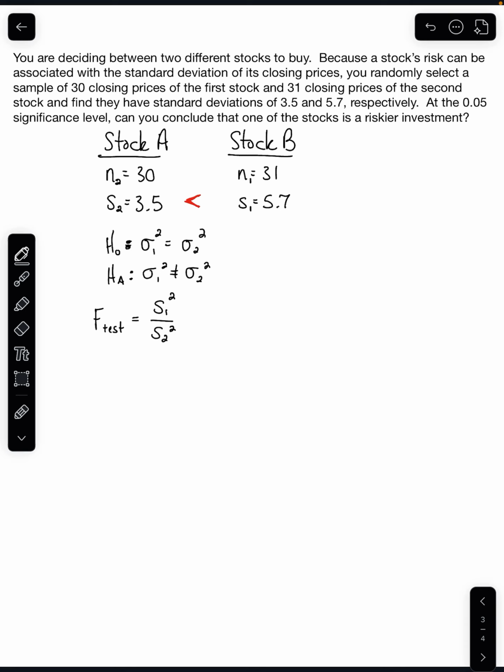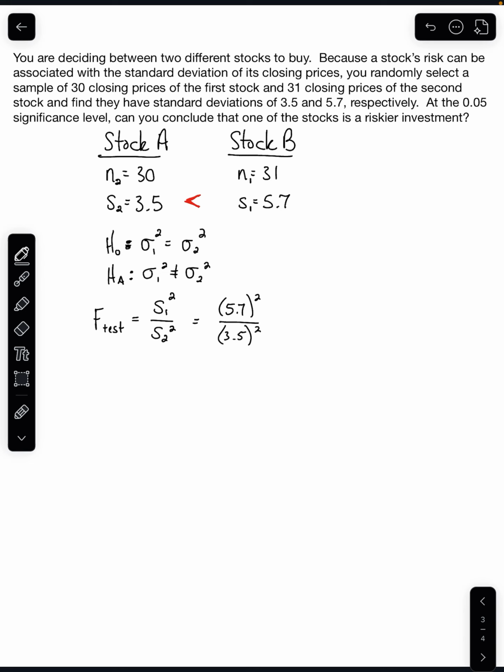Now we saw this when we did hypothesis tests for a single variance or single standard deviation, that we can be given either of those two values because they are so closely related. The distribution and the test statistic are both based on the variance. So what we have to do here, unlike the previous example, is take these standard deviations that we were given and actually square them.